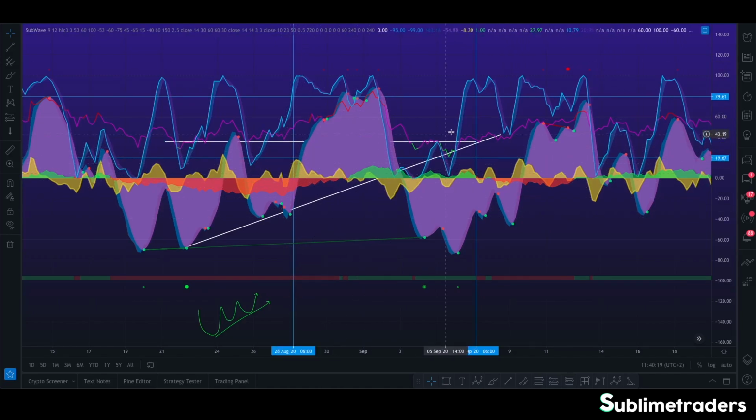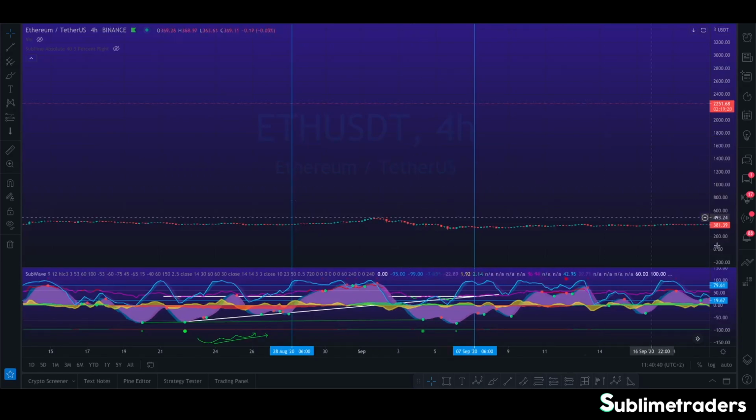Okay, so we know that the trade duration lasts about 10 days. We know that we will exit probably most of our position when the waves come and meet this white line right here. So now let's see on the chart what our trade does and what our gains are.